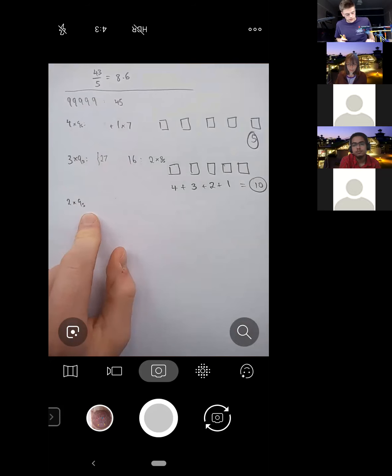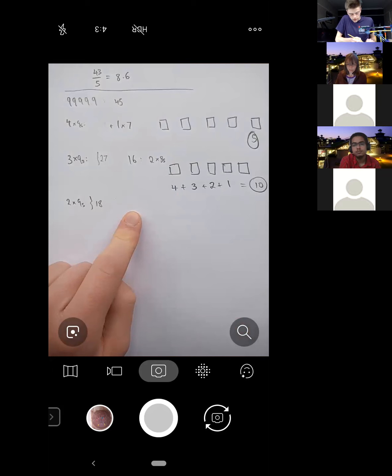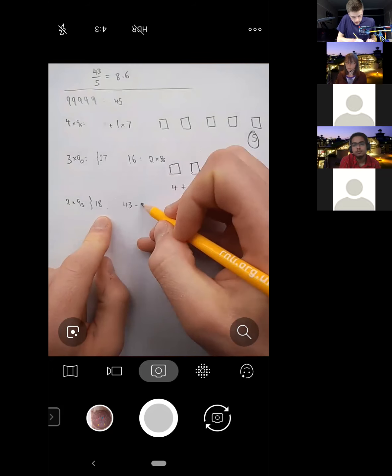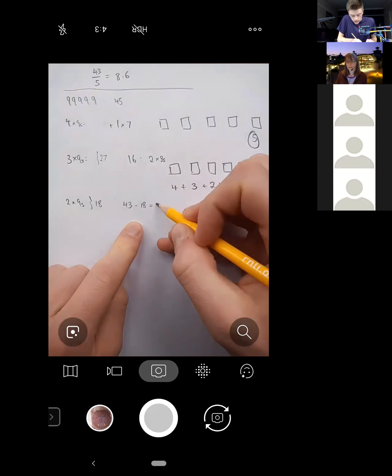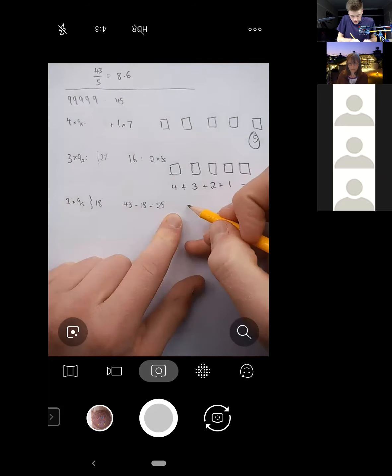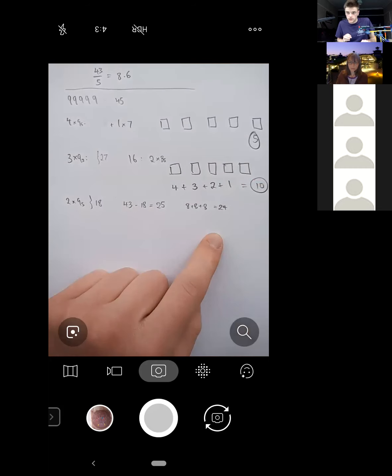Now, if there were 2 9s, these sum to 18, and we're trying to get to 43. So 43 minus 18 is 25. And we've only got the 3 digits from 0 to 8 to play with. And we see that the biggest we can make is 8 plus 8 plus 8, which is 24. So we're not actually going to be able to make it.